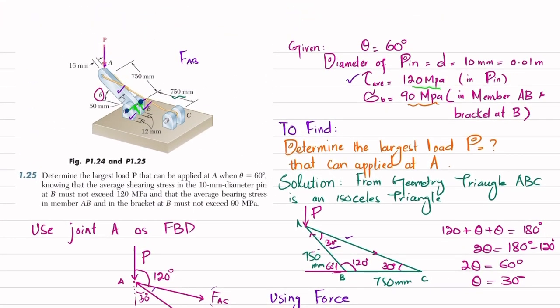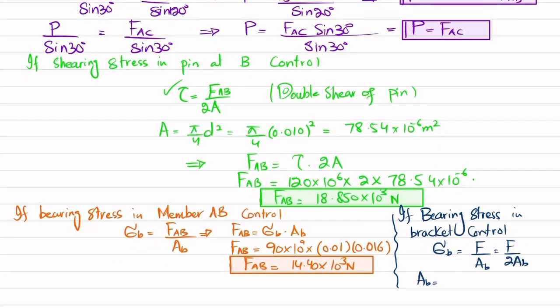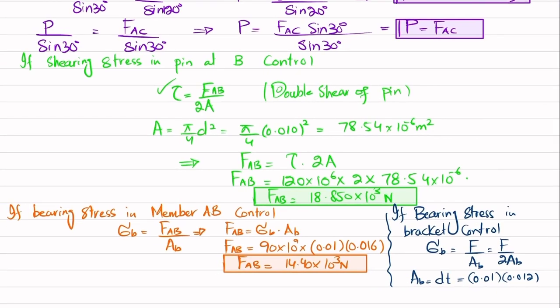So thickness of this is 12. This thickness is 12 and this diameter is 10 millimeter. So what we will write is D into T. So 2D is 0.01 and thickness is 0.012. If you put the values over here, let me solve it. So bearing stress will be equal to FAB because bearing stress is due to this FAB. So FAB will be equal to 2 into sigma B into AB.